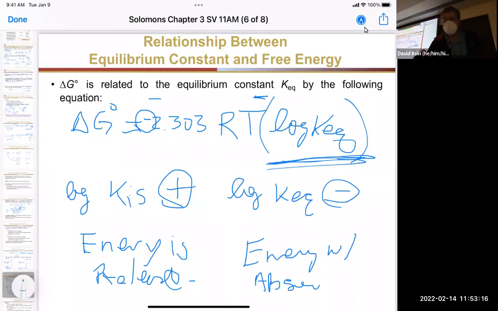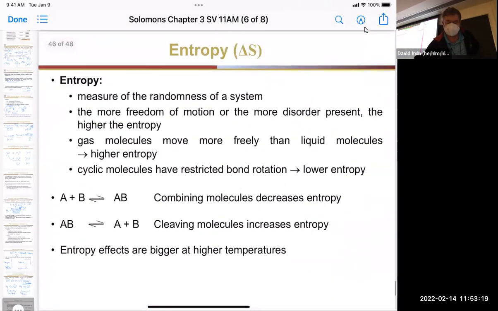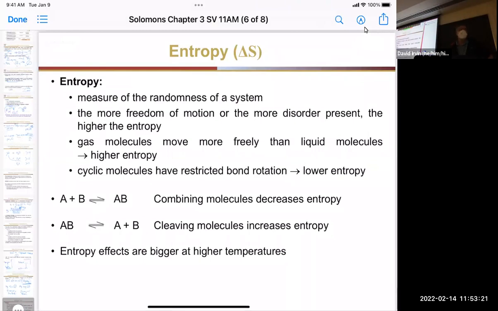The other thing that's related to the energy of the reaction is the entropy. There's an equation that takes entropy, enthalpy, and Gibbs free energy and ties them all together, but I want to talk about entropy first. Entropy is important, especially in higher temperature reactions, but what does it mean? A change in entropy is disorder. If you're having increased disorder, you're creating more molecules.